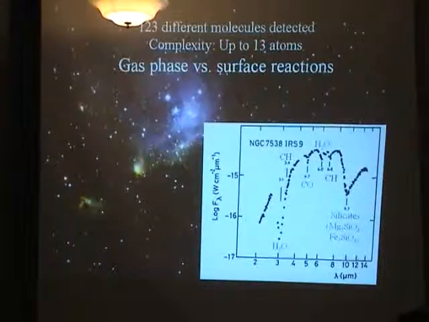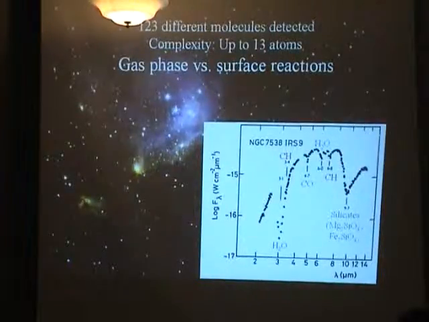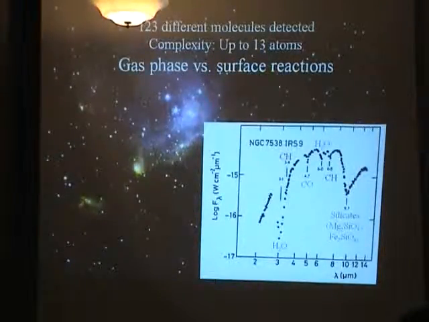Of the most important molecules, of course, is molecular hydrogen, which is the most abundant molecule in the interstellar medium, but also molecules like water in the regions where the abundances are high, and methanol are believed to be formed on the surface of dust grains.